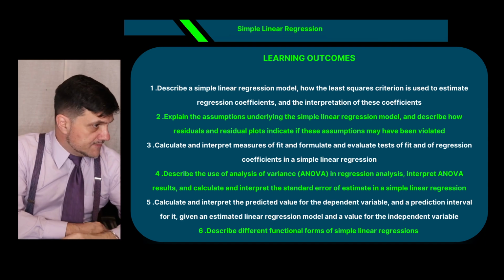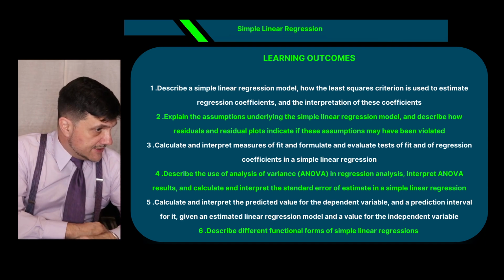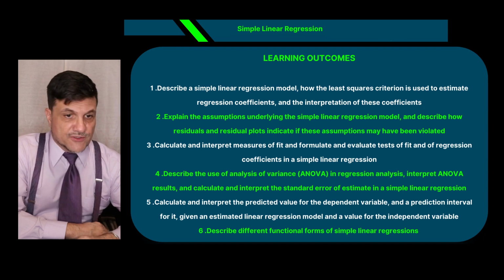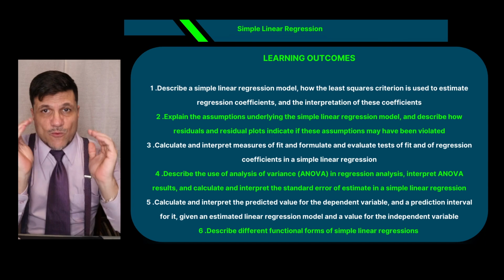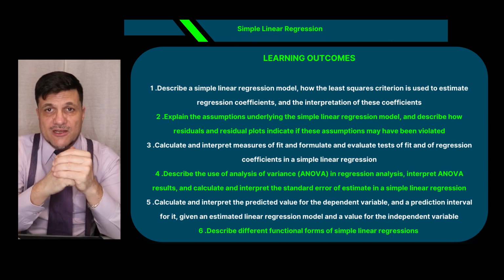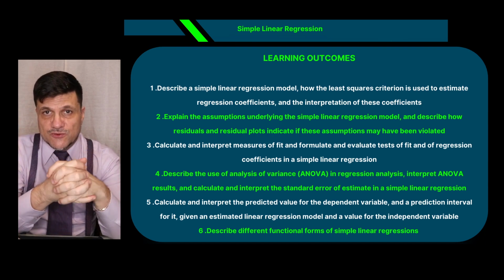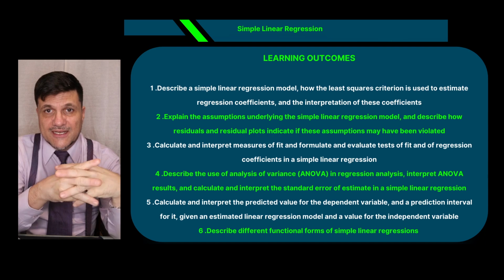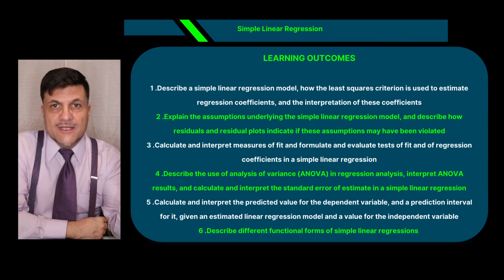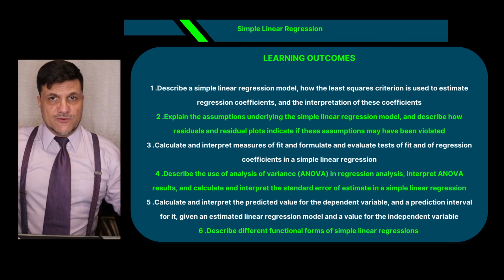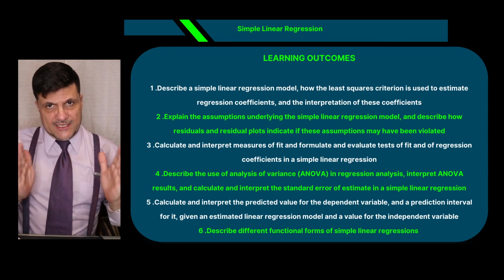What else? Calculate the prediction interval. The prediction interval is the range in which the expected value lies. We already mentioned that to you. The interval of confidence, also called the confidence interval: the more confidence you want, the larger the interval will be; the less confidence, the smaller.